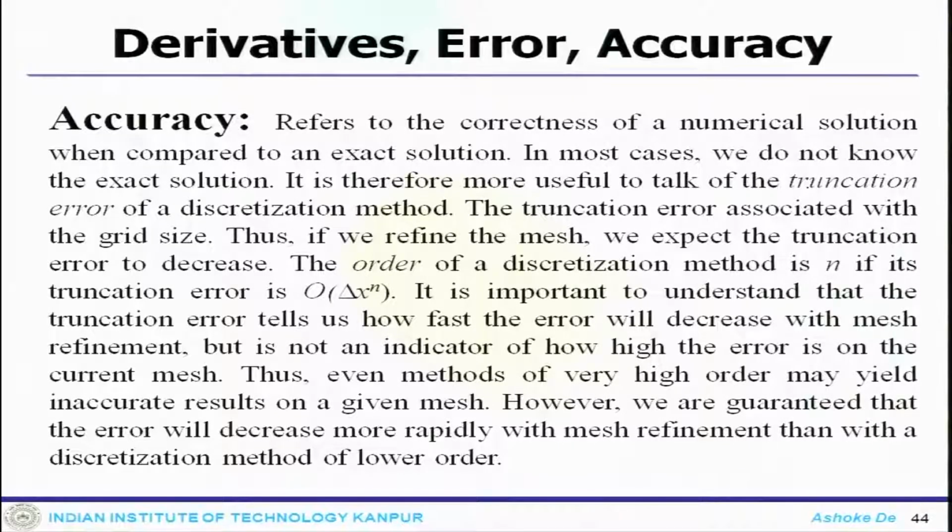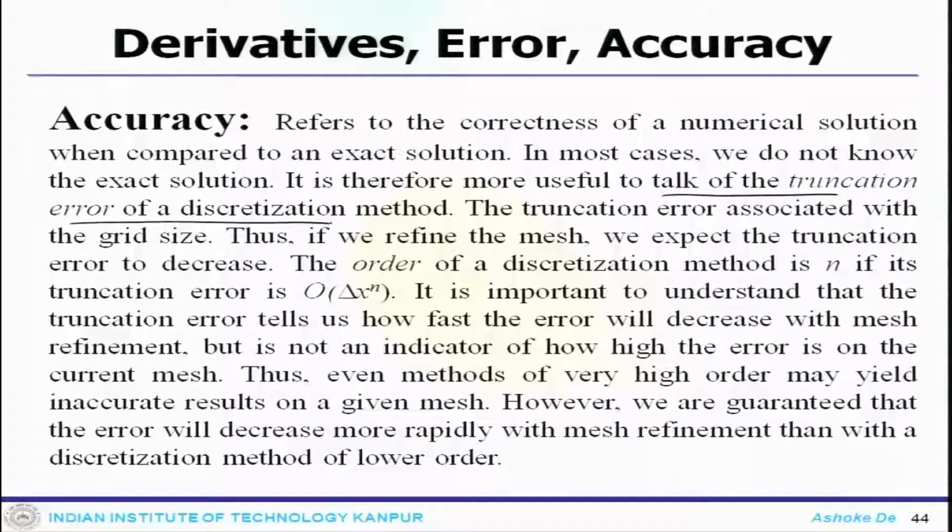Now, coming back to the accuracy. So, accuracy of the system is the order of the truncation error, how accurate that is. So, it is more useful to talk about the truncation error or the discretization error.